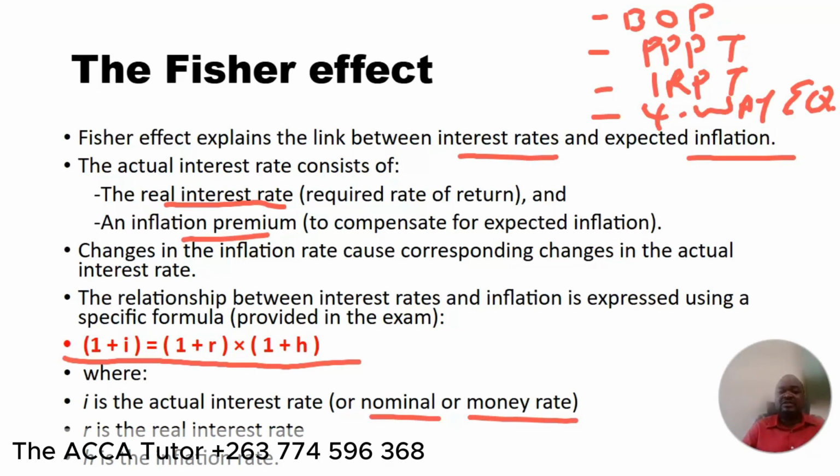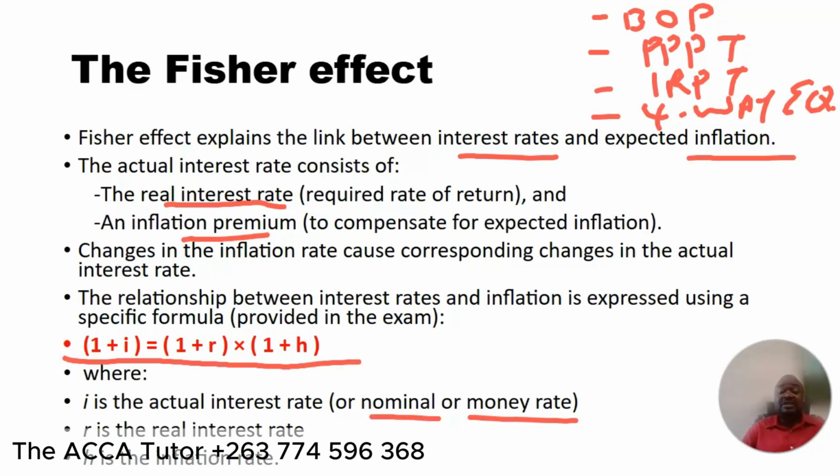Okay, the rate that includes inflation is given by 1 plus the real rate of interest multiplied by 1 plus the inflation rate. Okay, so perhaps you want to do an investment appraisal. The examiner might not give you the discount rate to use, and you should be in a position to estimate that using this particular formula.